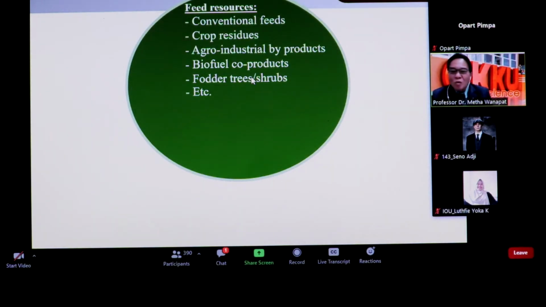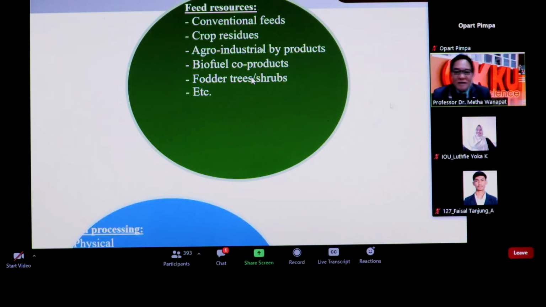We should be able to know in order to have a chance to select and formulate the ration for the species of animals you are engaging in, right? All of these need to be identified and need to be tailored down, okay? So we have to move on.